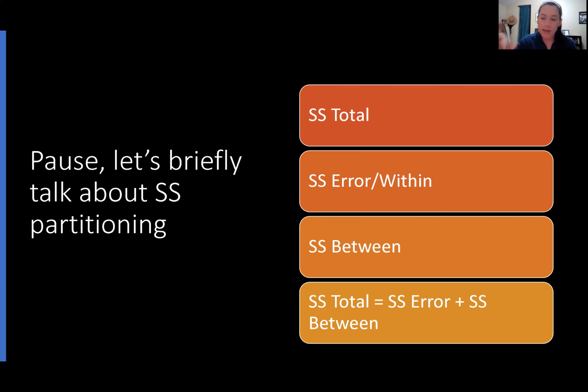I'm sure many of you remember talking about sums of squares in ANOVA, but it also applies to regression because they're all housed under this general linear model. So this is also going on under the hood with regression, although with regression, we tend to think more in terms of that B coefficient, which we're going to talk more about the significance test for in a minute. But the partitioning for the sums of squares applies here, so I want to talk about it.